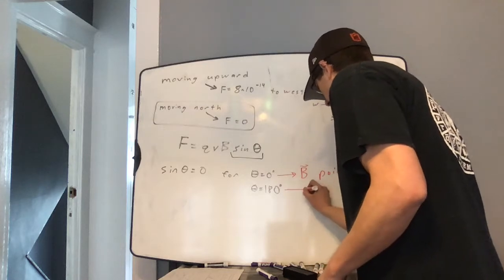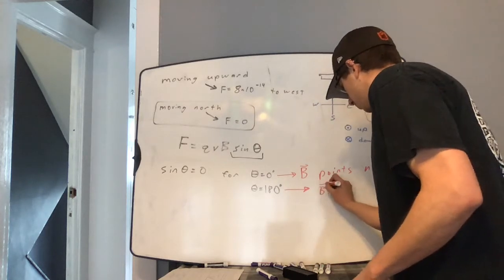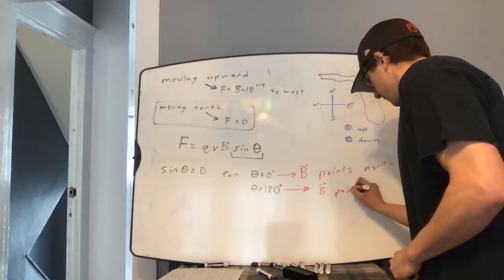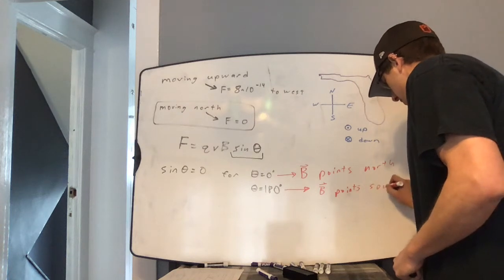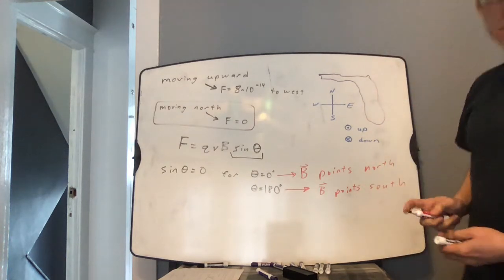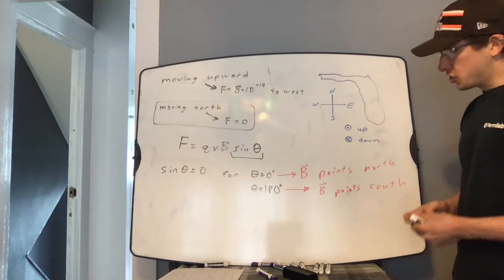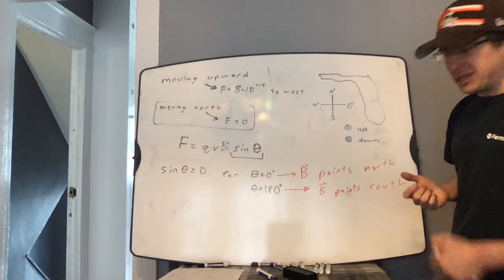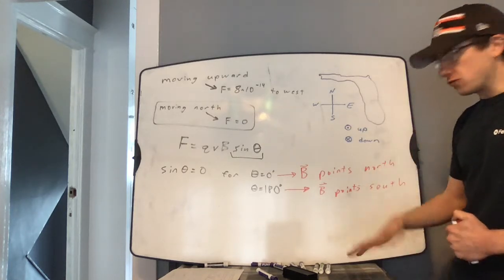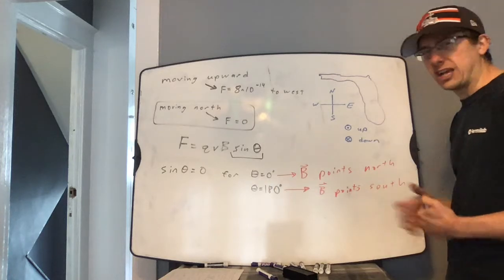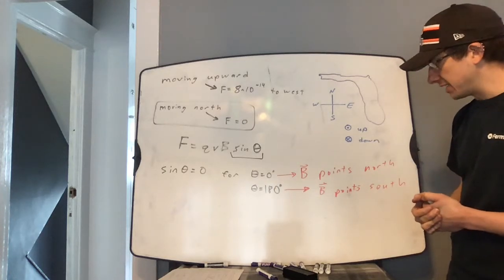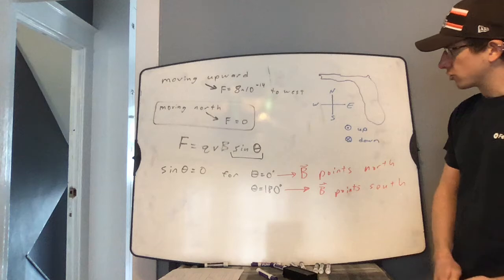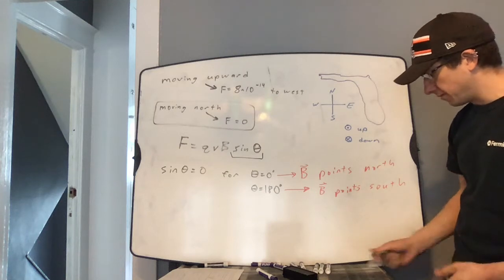And theta of 180 would mean the magnetic field points south. So from an infinite number of possible directions, we right away narrowed it down to 2 possible directions for the magnetic field.